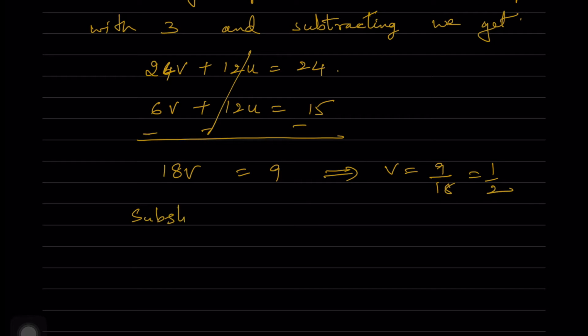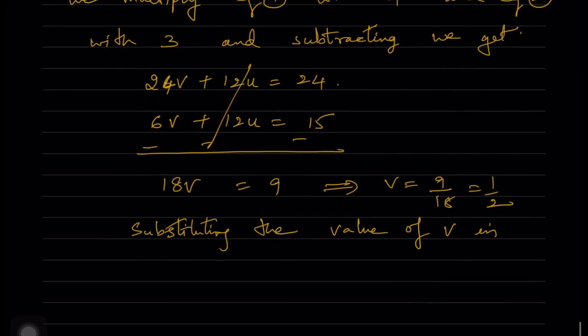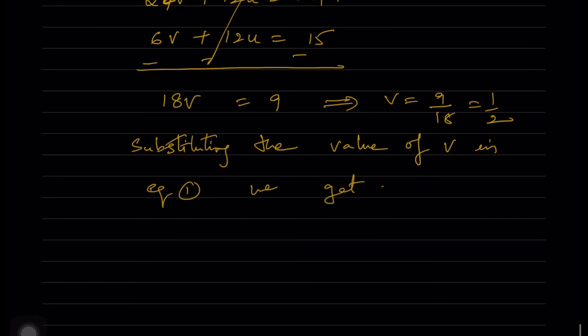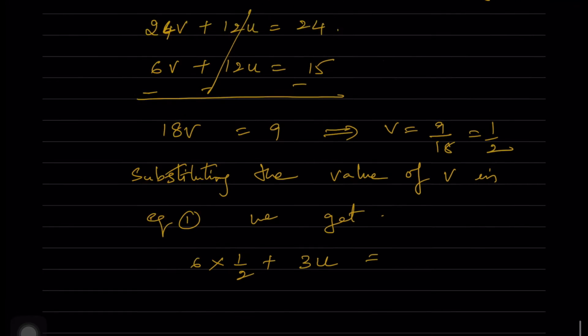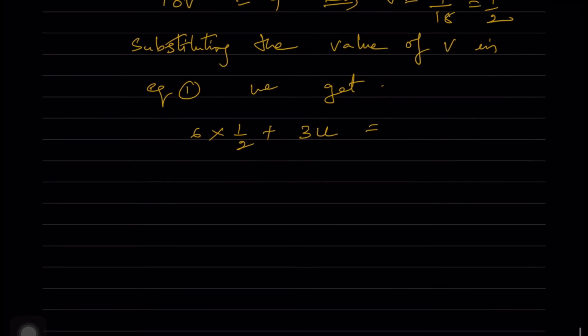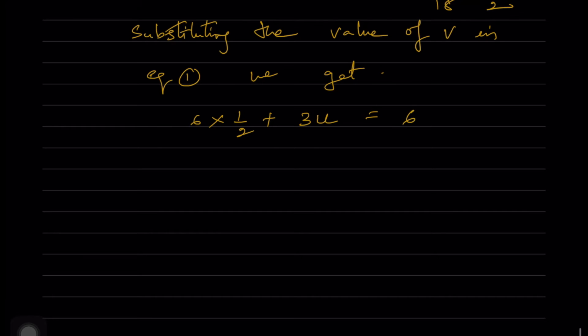So now putting the value of v in equation 3, we get 6v plus 3u is equal to 6. So putting the value of v in this, 6 into 1 by 2 plus 3u is equal to 6. So now solving this, we are getting 3 plus 3u is equal to 6, or u is equal to 1.